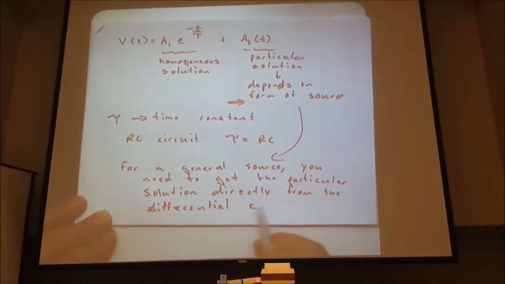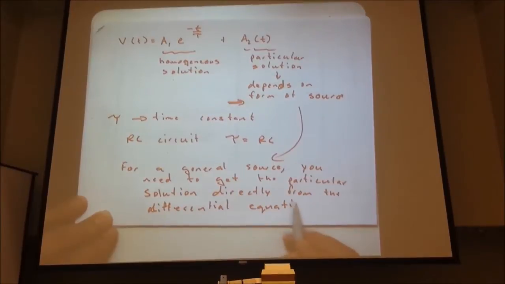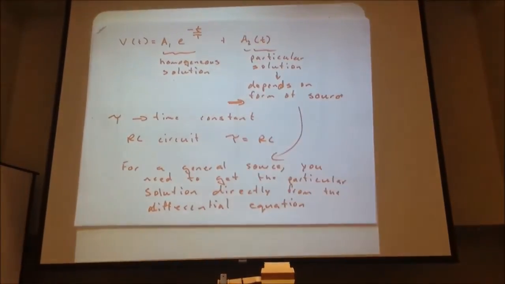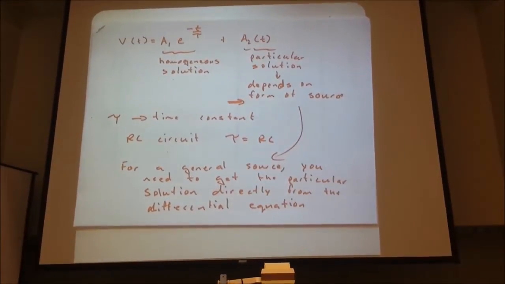Now, what we did take advantage of when we were looking at the DC steady state functions, which only corresponds to the step function by itself, is that we can use the DC steady state. This winds up being a constant, and it's the DC steady state term.